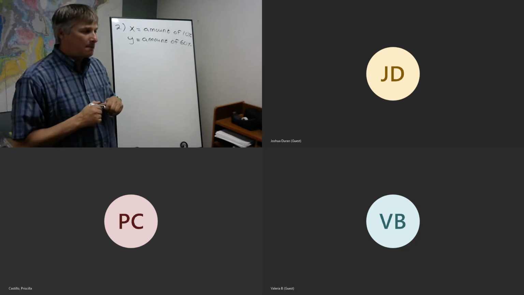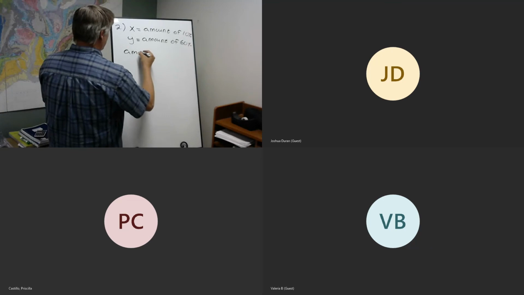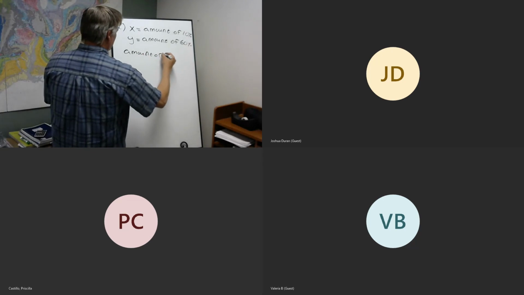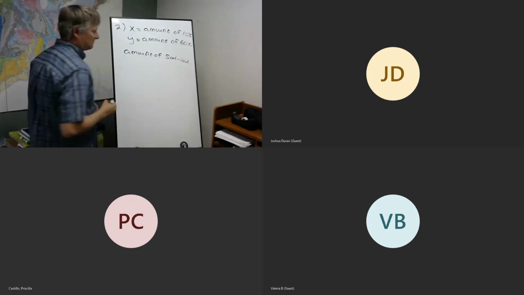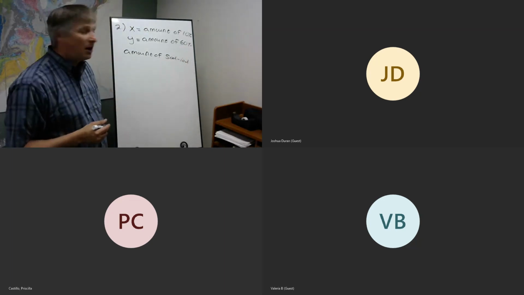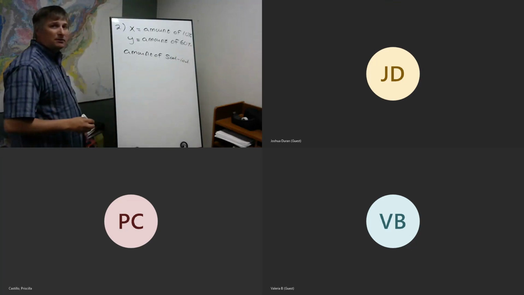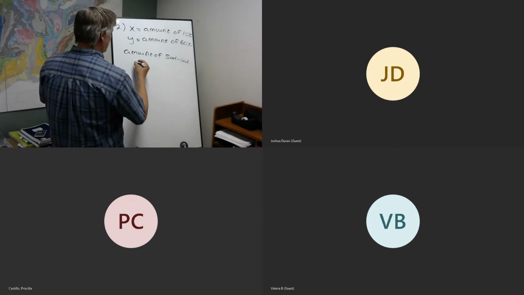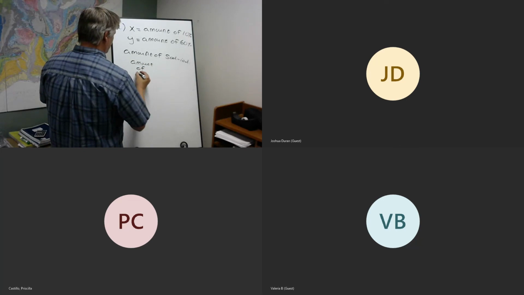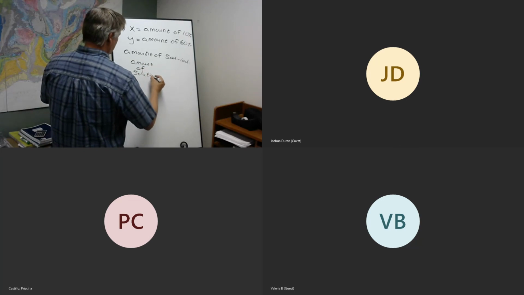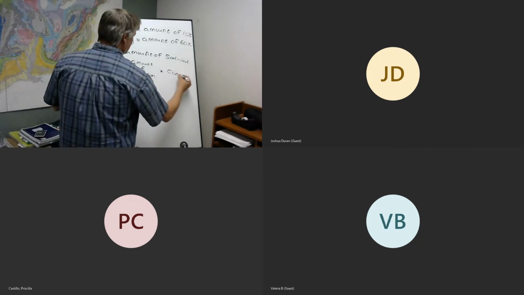If we want to figure out the amount of sodium iodide, abbreviating sodium iodide as sod iod, I hope that's okay, what we're going to do is take the amount of solution and multiply by the concentration.